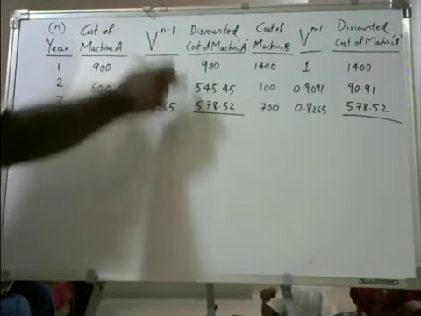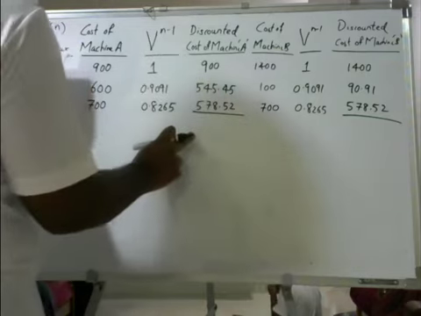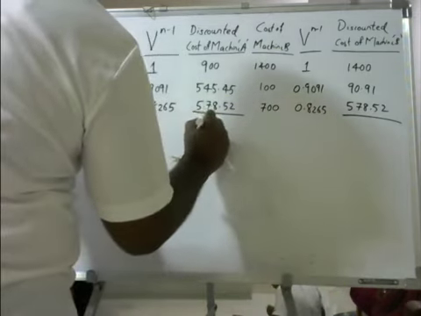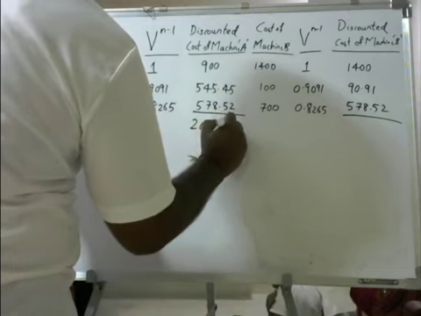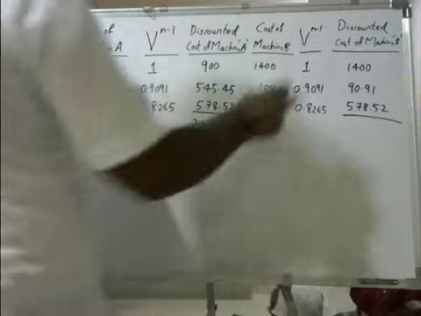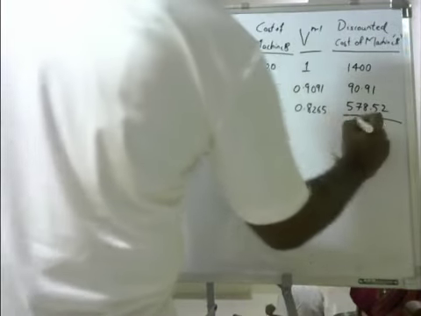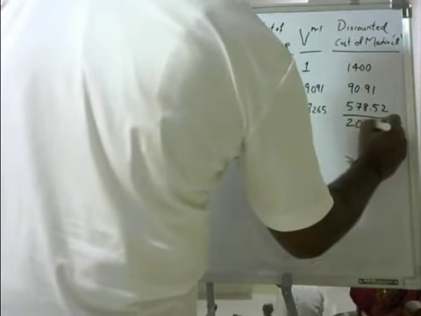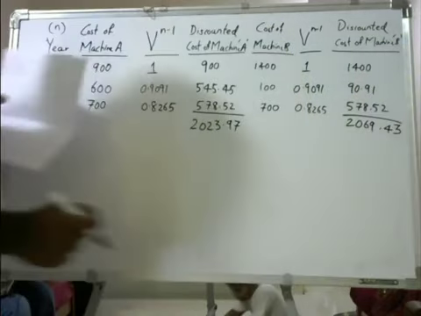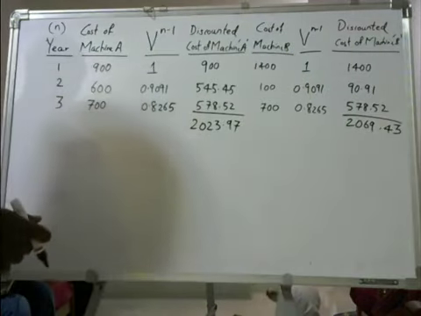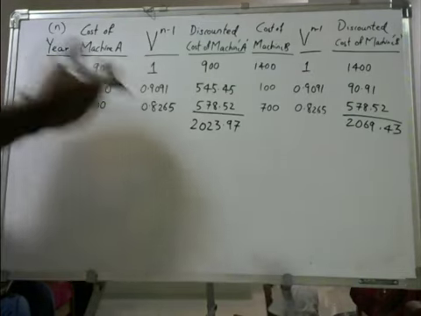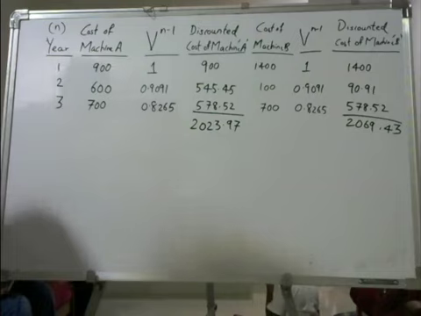Let us take the total of this. The total discounted cost of machine A is 2023.97 and the discounted cost for machine B is 2069.43. Now all they have asked us to do is find the discounted costs of machine A and machine B and find out which one is least.